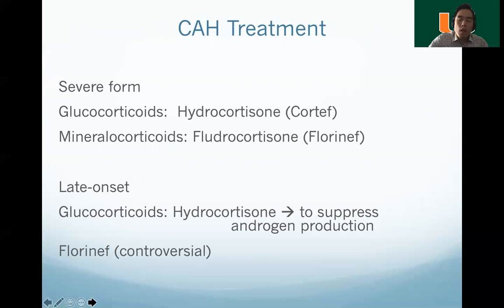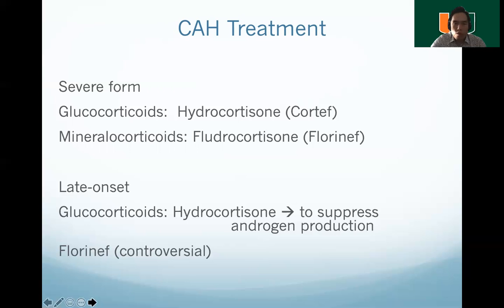Now, in late onset or less severe form, most of the time we only give hydrocortisone. Why? Because we need to suppress the androgen production. Some places recommend giving Florinef to help reduce the dose of glucocorticoid, but it's still controversial.